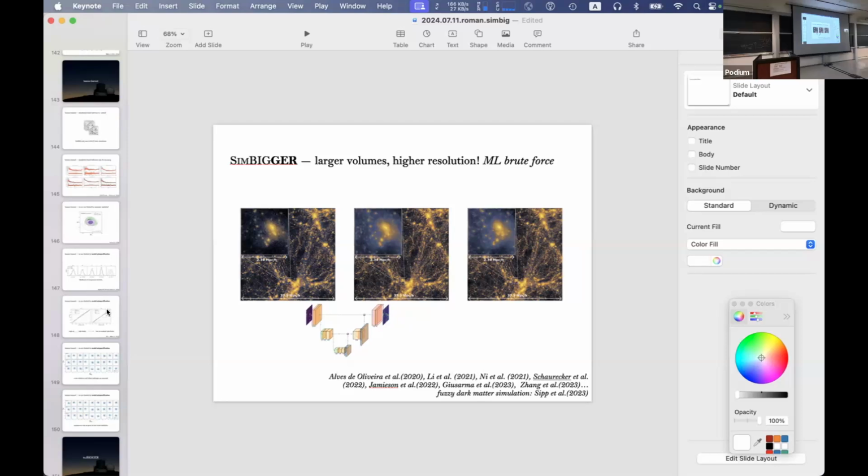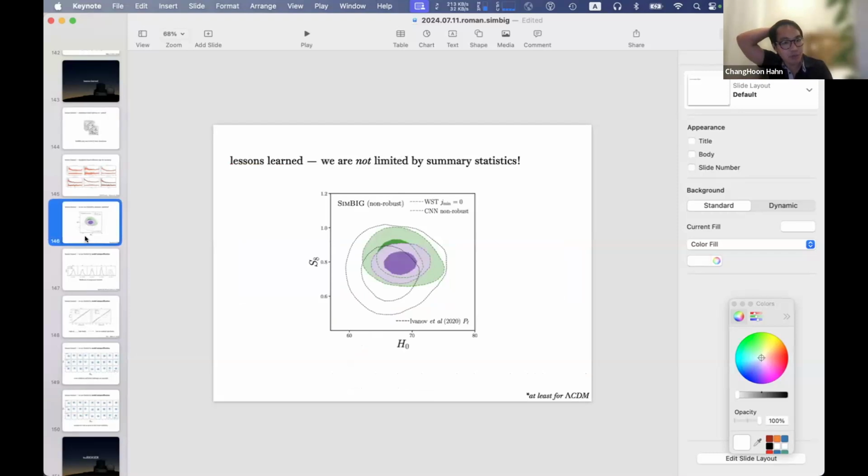And I think already we've found some interesting things, where one of the lessons that we learned from SIMBIG is that it's relatively easy to break the clustering analyses if we push them to the limits of the summary statistics.